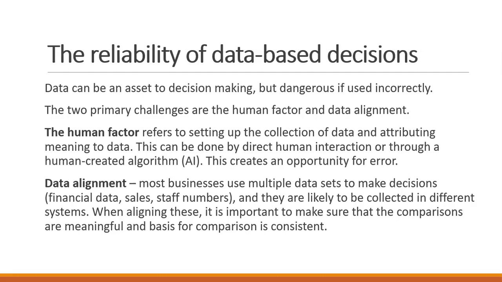And then we also have data alignment. We have multiple data sets that are collected in different systems. When we try to align those two systems, we need to make sure that they're telling us the same information, so that when we're aligning data about a product, for example, we're using the same terminology, and we don't get a crossing of data because things are defined differently in different systems.